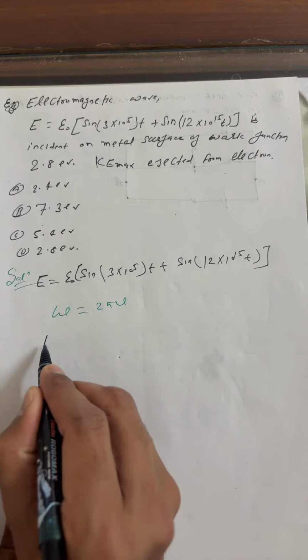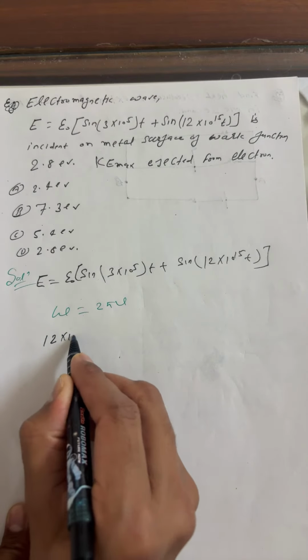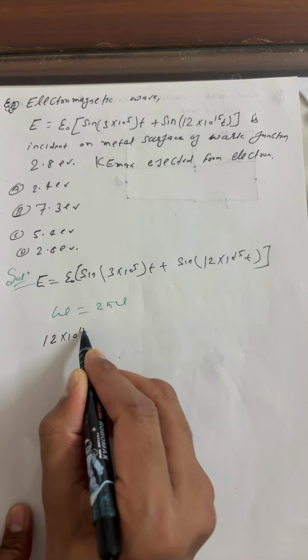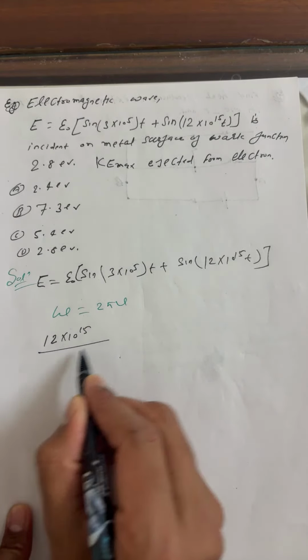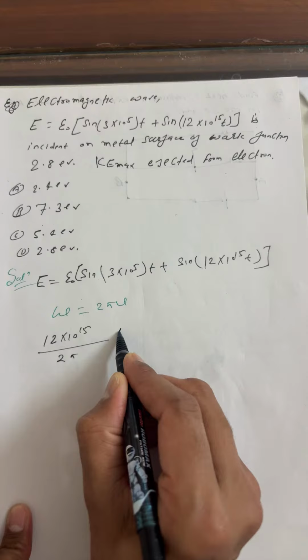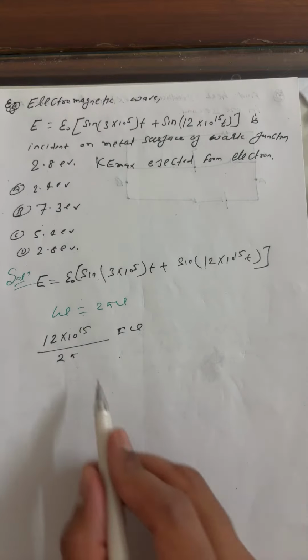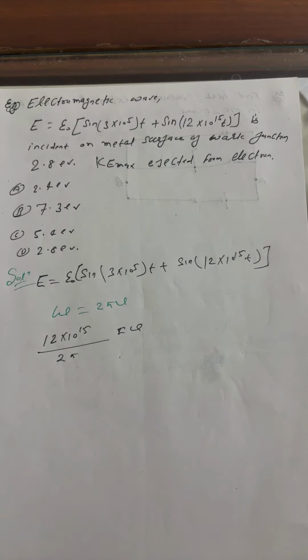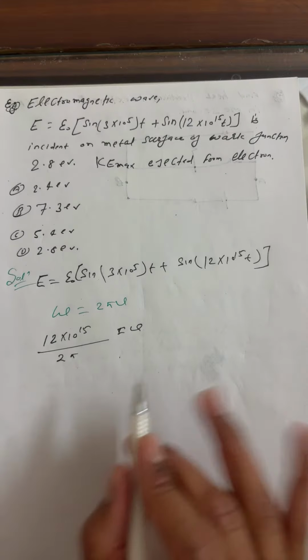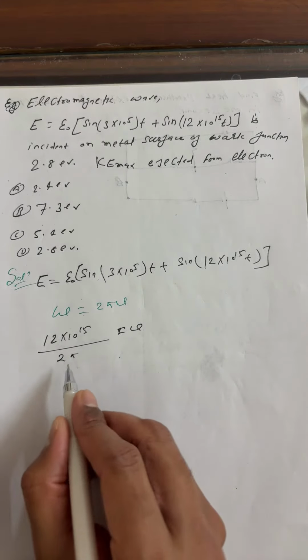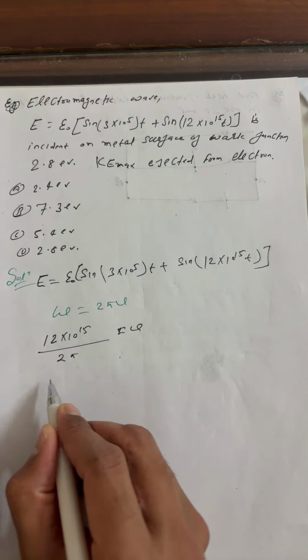So what is this omega? 12 into 10 to the power 15, and this is 2 pi. You can say this is the frequency, right? For this condition, pi we can take approximately as 3, no need to take 3.14, it will help you. So 2 times 3 is 6.